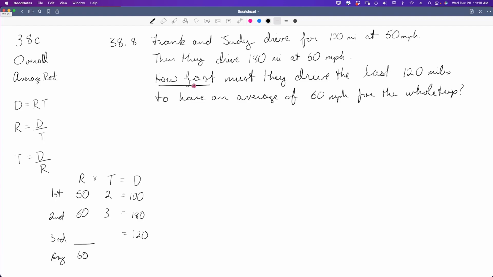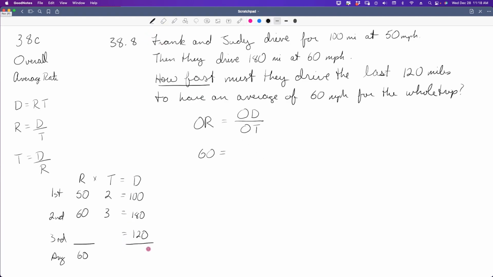So we're going to say the overall rate is going to be equal to the overall distance divided by the overall time. That's what we're looking for, and we want that overall rate to be 60. We know the overall distance. I'm going to save us a step, and I'm just going to add it all up down here.